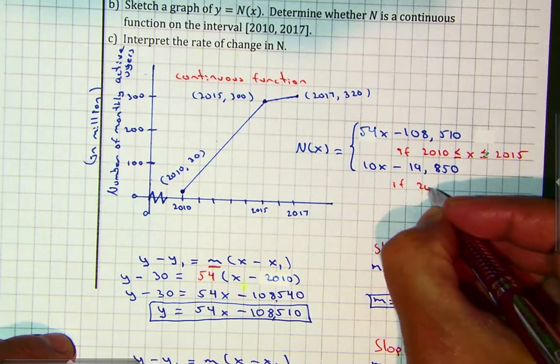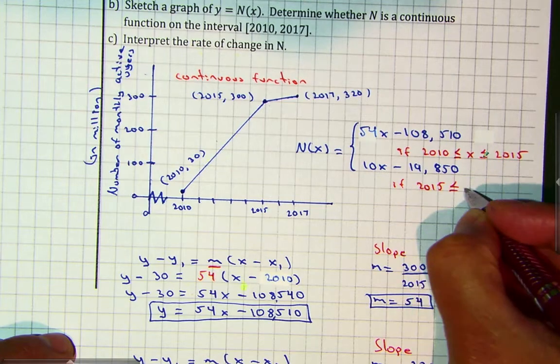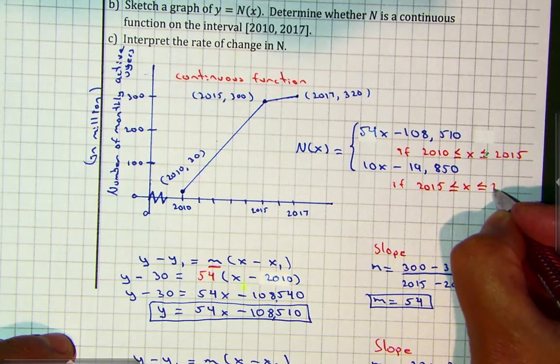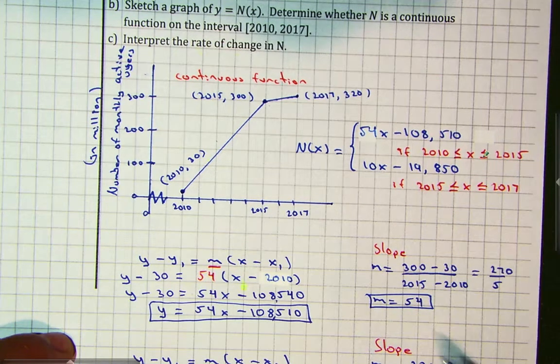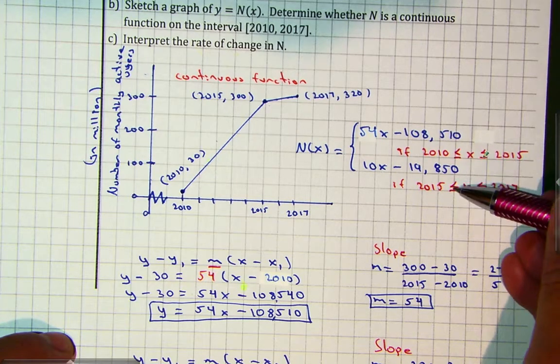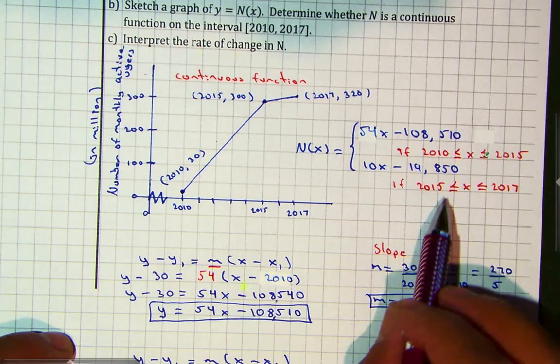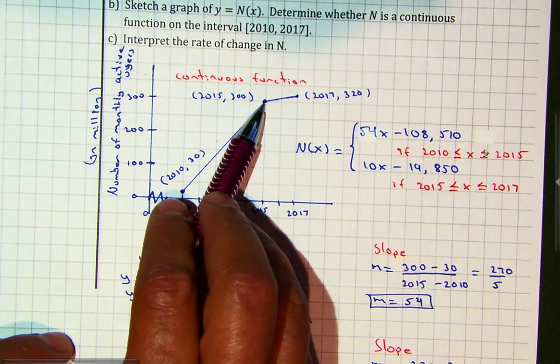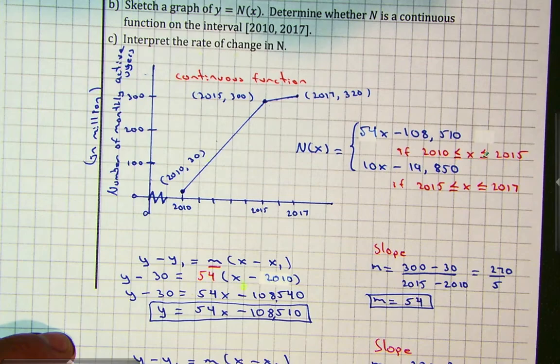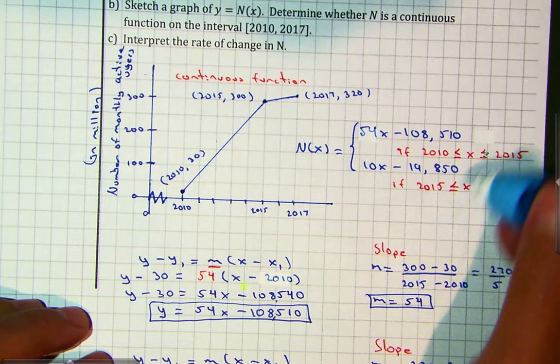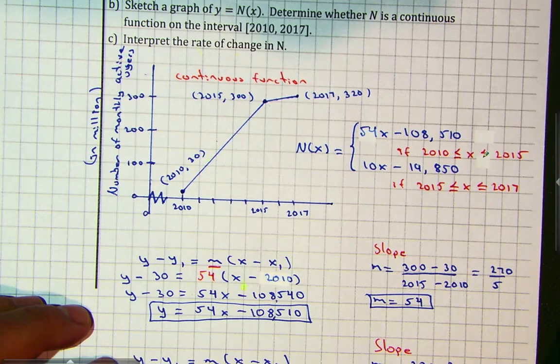So 2015 is less than or equal to x, which is less than or equal to 2017. Now be careful. In this case, there's an equal sign on both. We can choose to take one out, but the only time they can have an equal sign on both is if they actually match at the same point. For our purposes, we're going to go with an equal sign on both. I'll just take it out from one, since you'll go to the second function, which will give you the same number.